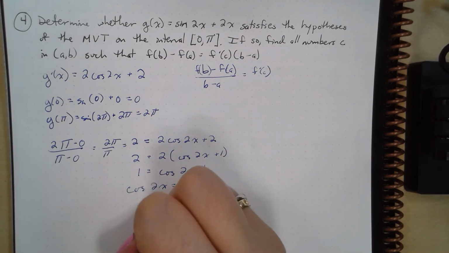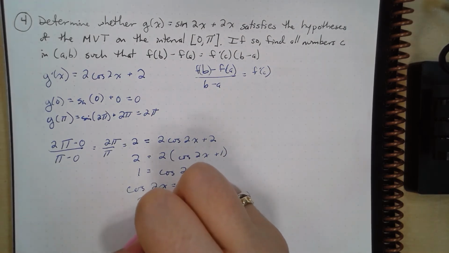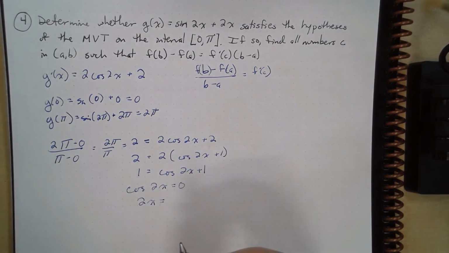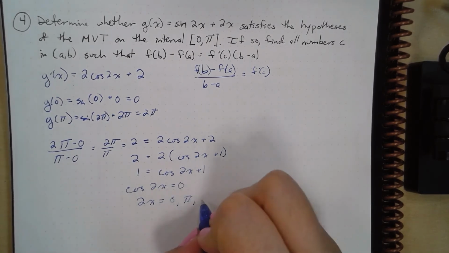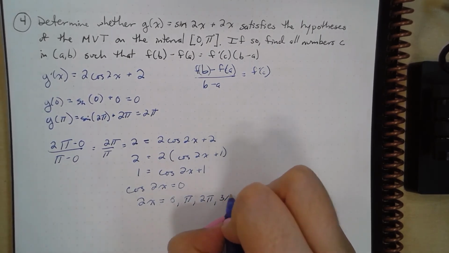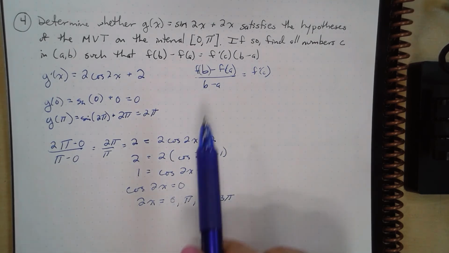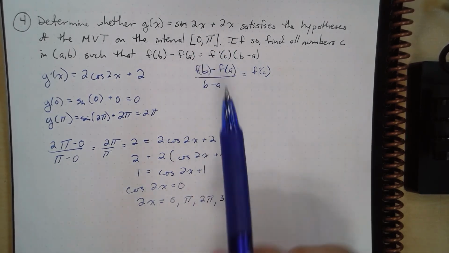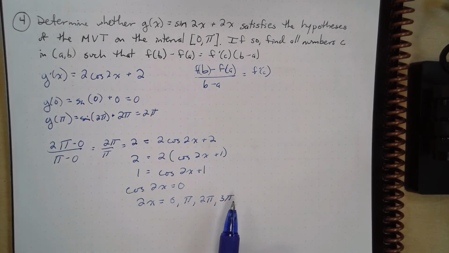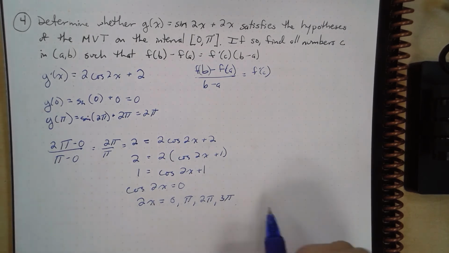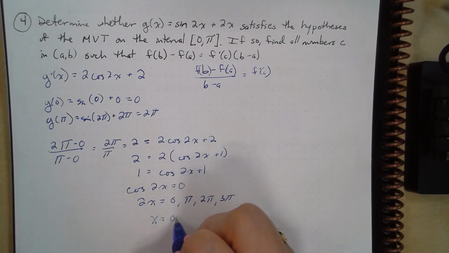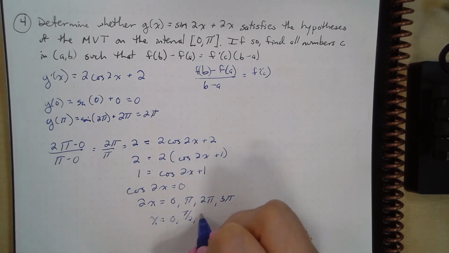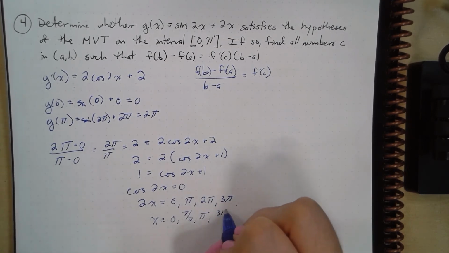So now I have that 2x could be equal to, well, when is cosine 0? It's equal to 0 at 0, pi, 2 pi, and 3 pi. And I wonder if right now you're thinking, but Miss Brady, this only goes from 0 to pi. Why'd you do this? Well, here I have 2x, so I'm actually not done solving. And if I divide everything by 2, I'm going to get my x values could be equal to 0, pi over 2, pi, and 3 pi over 2.